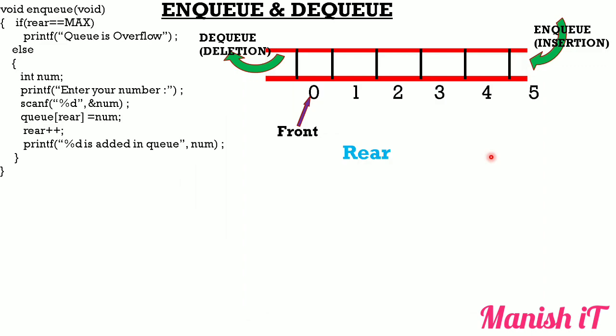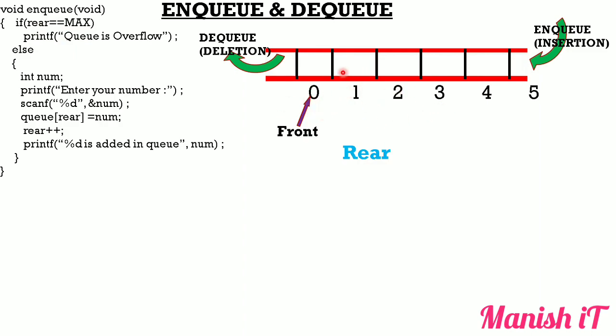First we are defining one function named void NQ. NQ is the function name and it returns nothing, so that's why it's of void type, and it has no parameter. We also have to check our conditions.